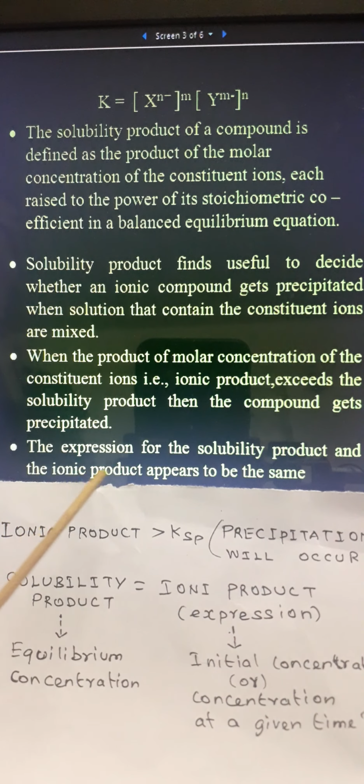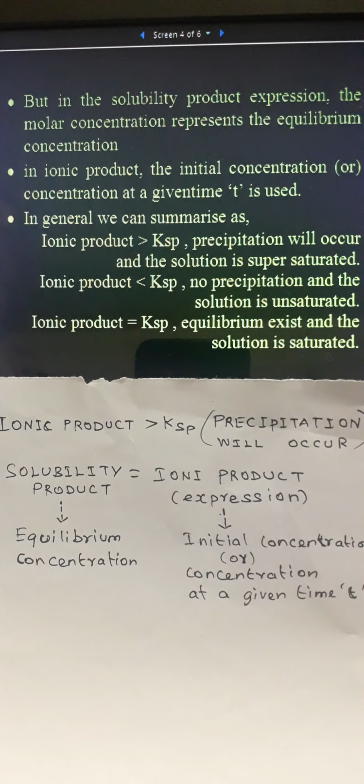The expression for the solubility product and the ionic product appears to be the same. In the solubility product expression, the molar concentration represents the equilibrium concentration. In ionic product, the initial concentration or concentration at a given time t is used.